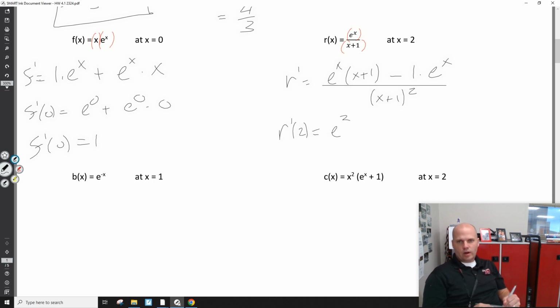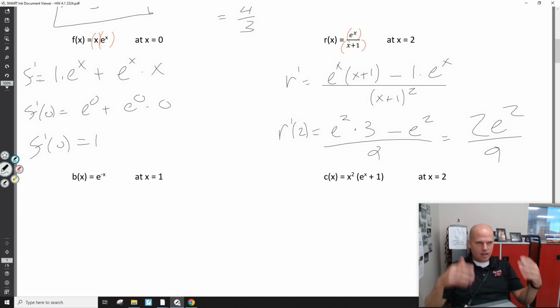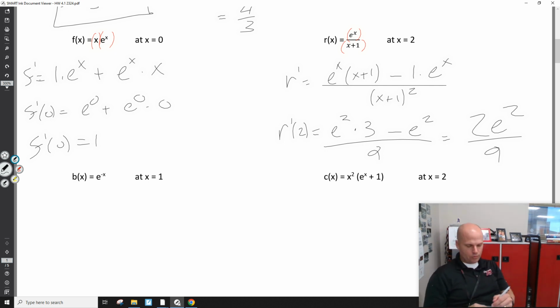I get e squared times 3 minus e squared over 9. 3e squareds minus 1e squared are 2e squareds. You need to be able to combine amounts of things like we would with anything.